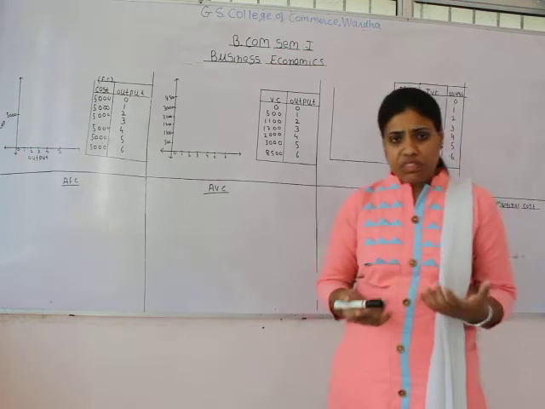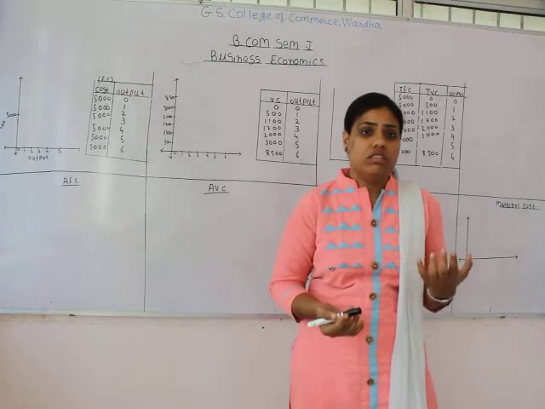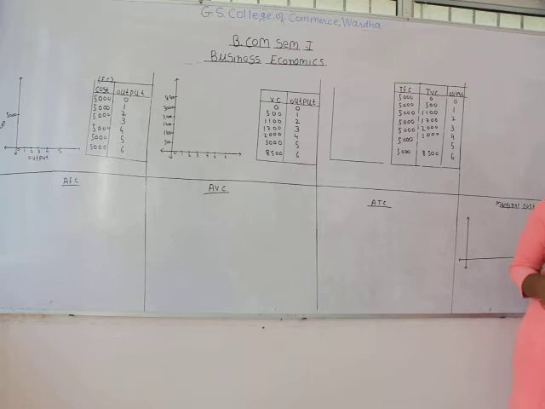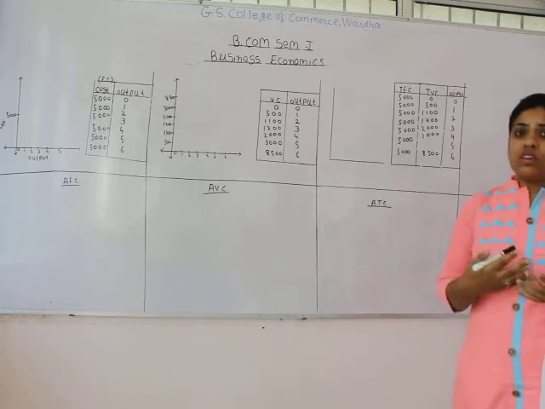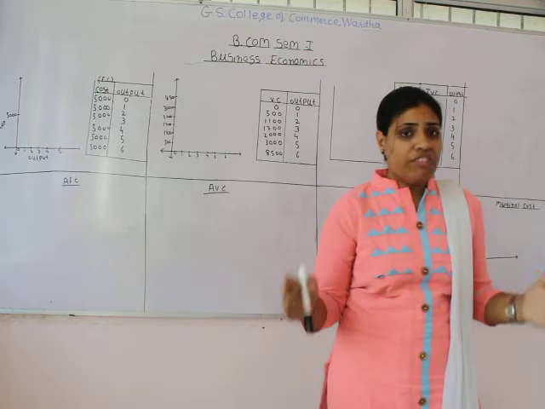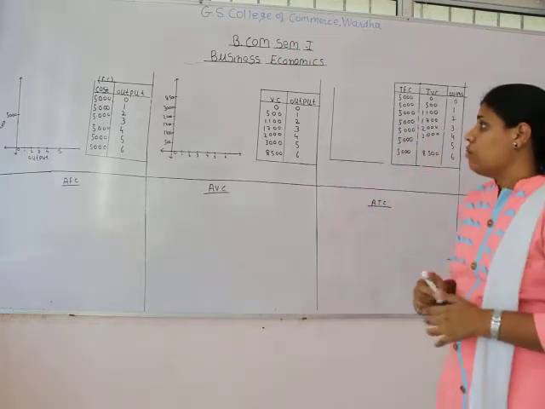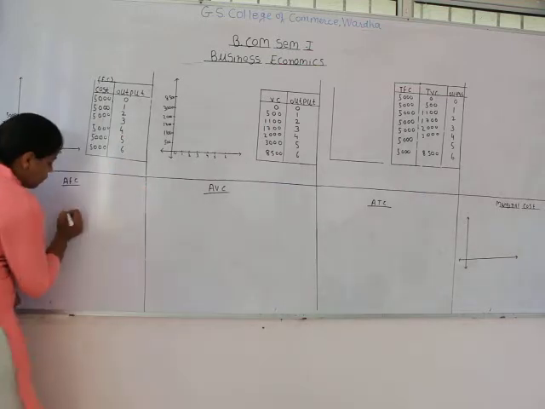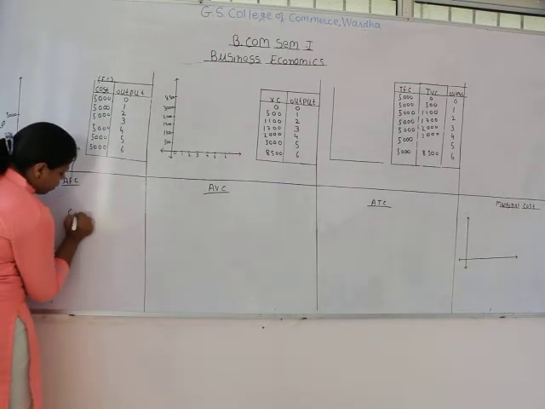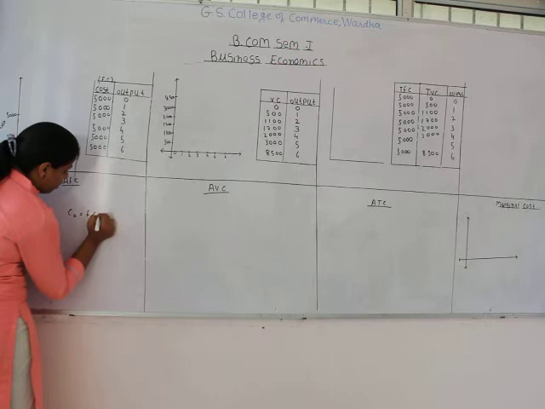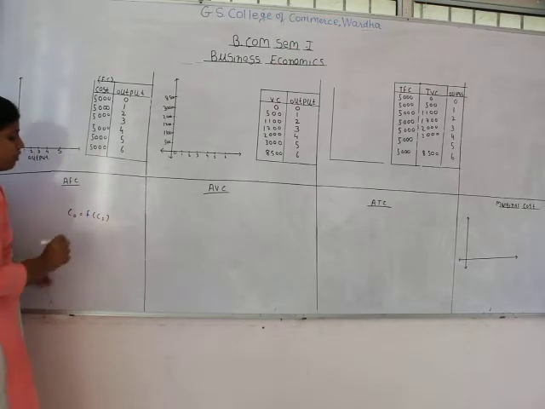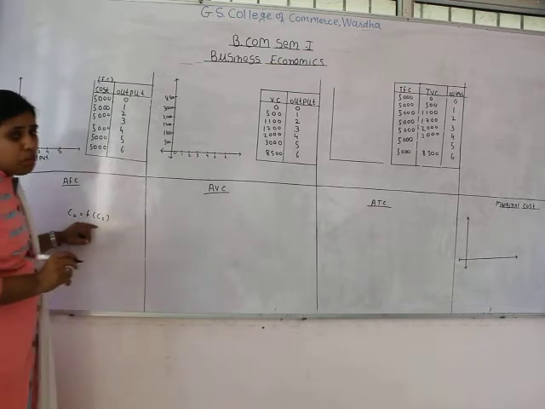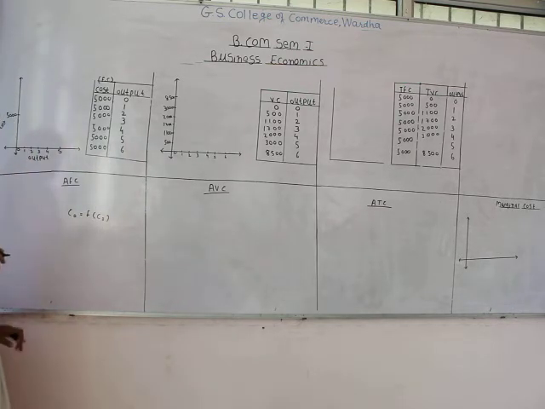So what is basically the cost function? Cost function is a function which establishes or shows the relationship between the cost of output and cost of input. Here, the functional relationship is represented as CO = f(CI), where CO refers to cost of output, f refers to functional relationship and CI refers to cost of input.